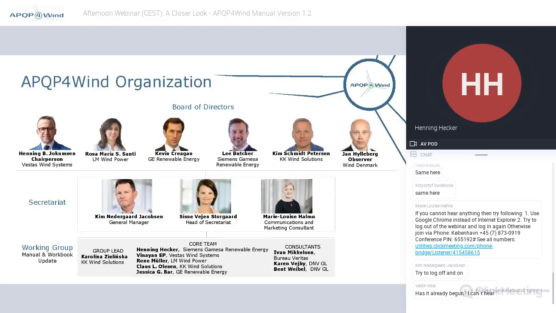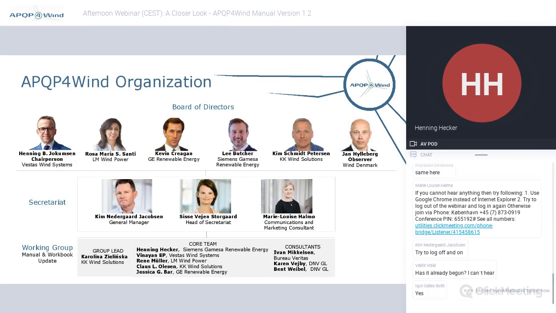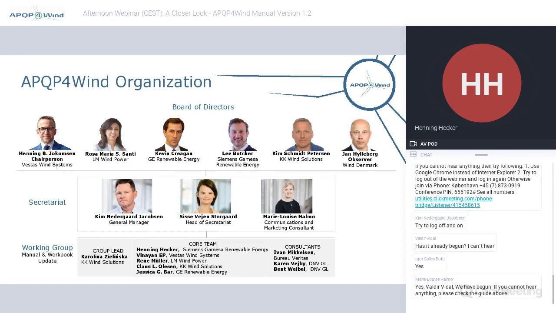Then we have Henker from Siemens Gamesa, Vinayan from Vestas, René from LM, Klaus from KK, and Jessica from GE. Consultants from the training provider who were also involved are Ivan from Biovetas, and Karen and Ben from DNV GL.